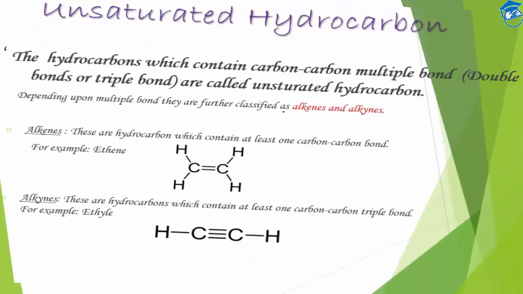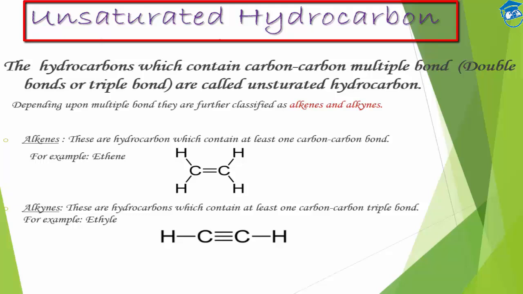Next, unsaturated hydrocarbon. Obviously they will not have the maximum number of hydrogen which can be attached to them. So how will the valency of carbon be satisfied? The valency of carbon will be satisfied by multiple bonds.